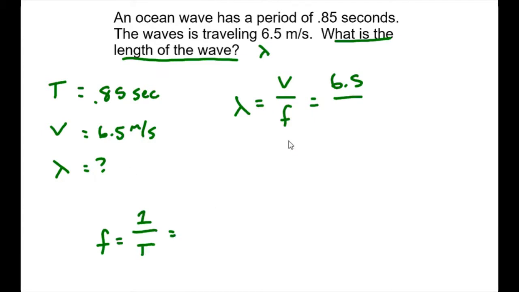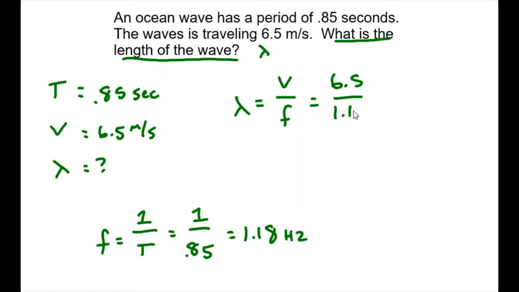So we can do a little bit of work ahead of time, and then we can fill it in. So if we go 1 divided by 0.85, 1 divided by 0.85 is 1.18 if we round it. 1.176. So 1.17 is fine. 1.18 is a little bit better with the rounding on there.